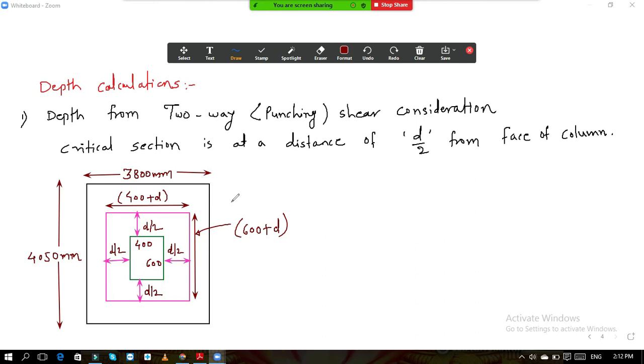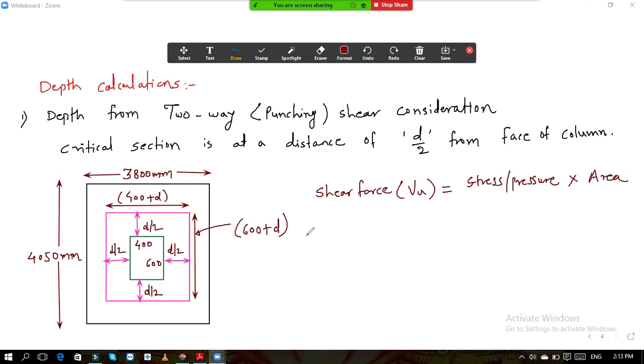So now we will calculate the shear force first. The notation for the shear force is Vu. We have studied this already in detail, which is equal to stress into area.